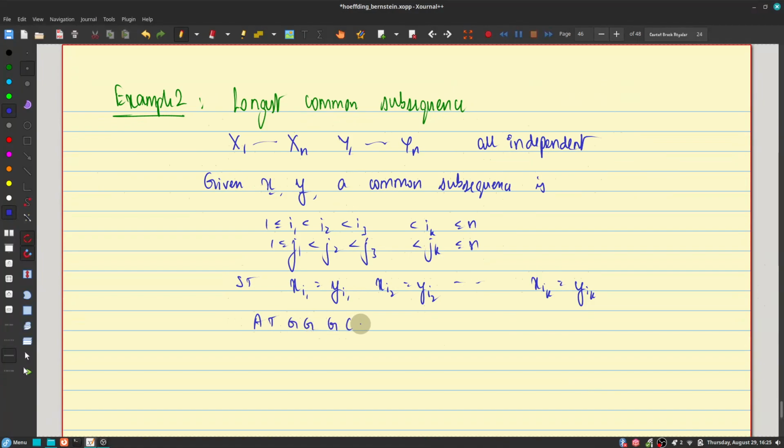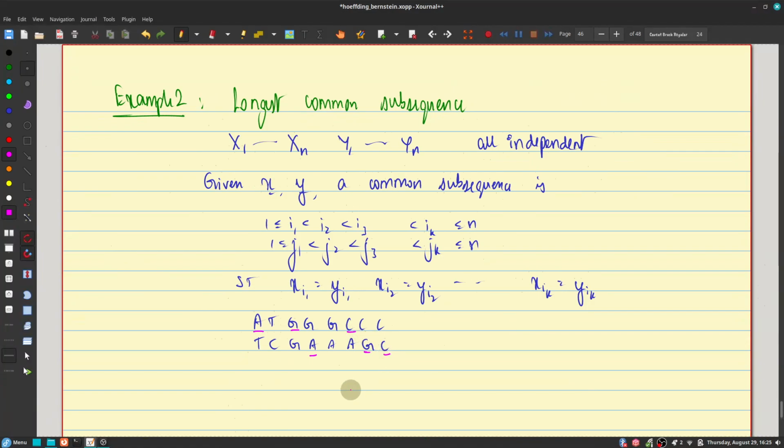So for example, if I had two sequences, right, so this is my x and this is my y, then one common subsequence could be, well, a and then g and c.